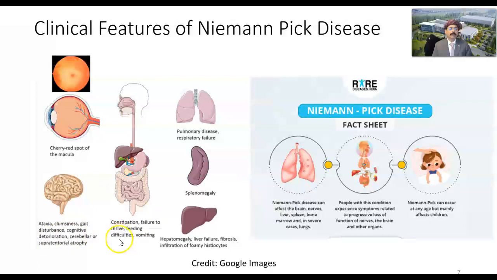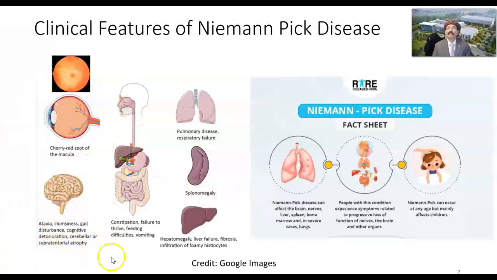So there will be constipation, failure to thrive, feeding difficulties, and vomiting. The brain is not usually involved in Niemann-Pick disease type B, but A and C both involve the brain severely.